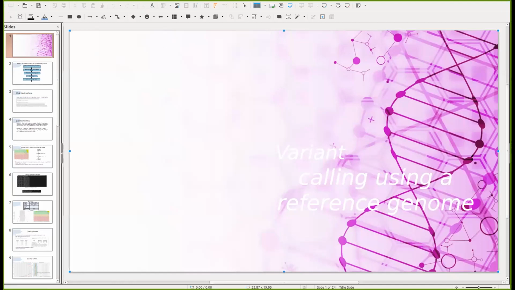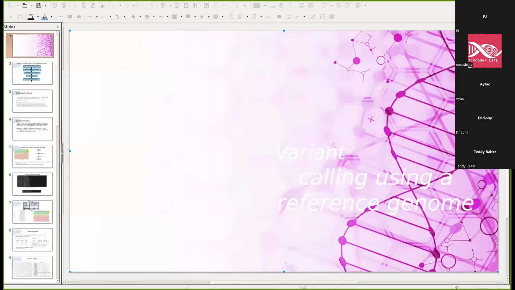Today our session is variant identification or calling from a reference-based genome. As we discussed yesterday, we have run our genotyping sample on a sequencer. Now we have the output of the sequencing run, which contains FASTQ files.